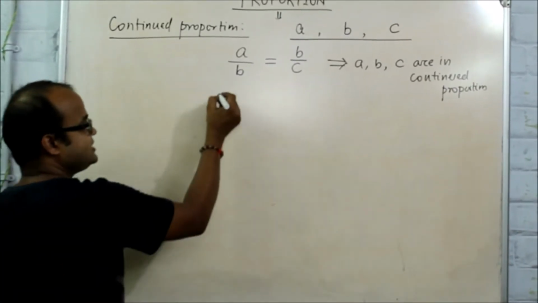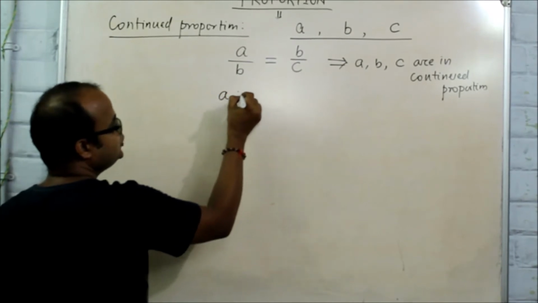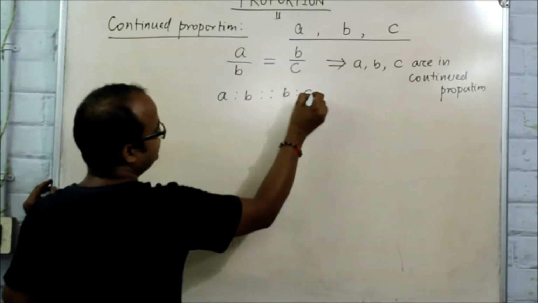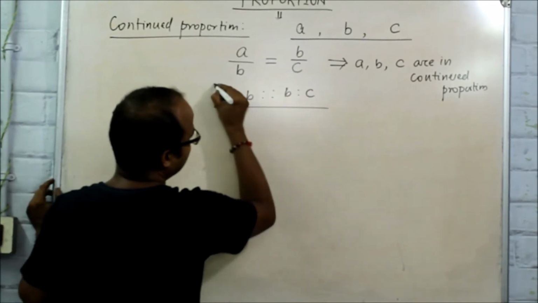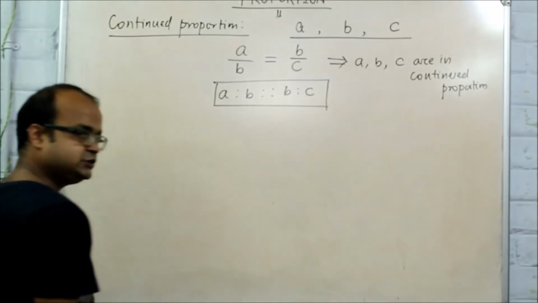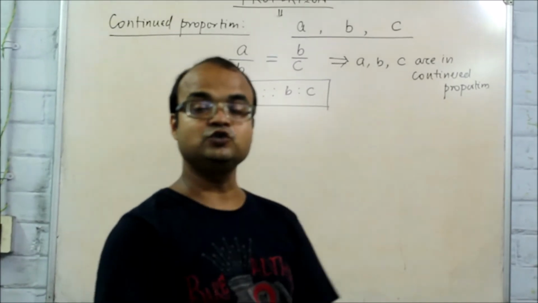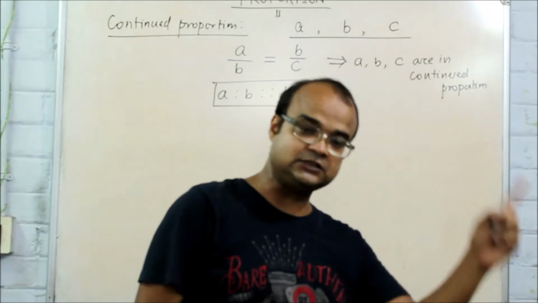That means we can say that A is to B is proportion to B is to C. If this relation holds, the ratio of first and second is equal to the ratio of second and third.